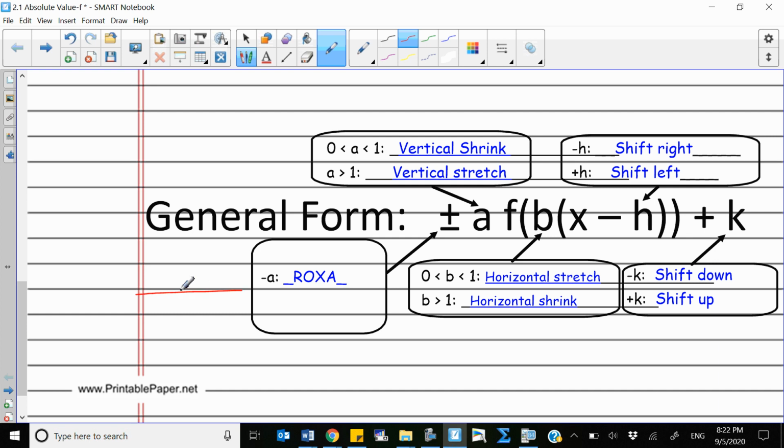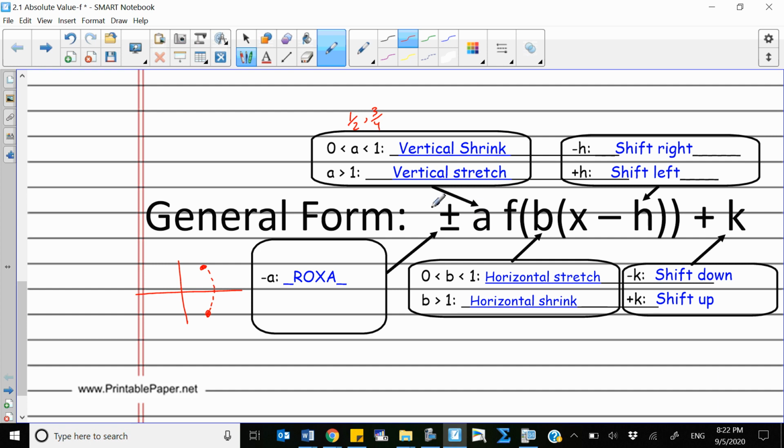That means whatever point I have on top is going to be reflected over the x-axis and go like here. If I have a value multiplied by the function, and this value is between 0 and 1, let's say 1 over 2 or 3 over 4, something less than 1, we're going to have a vertical shrink.